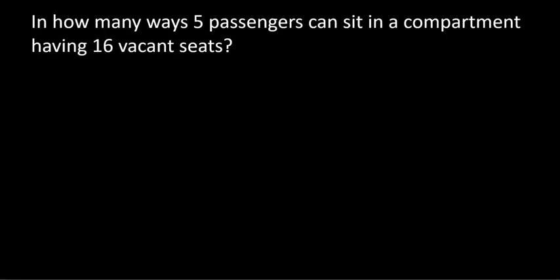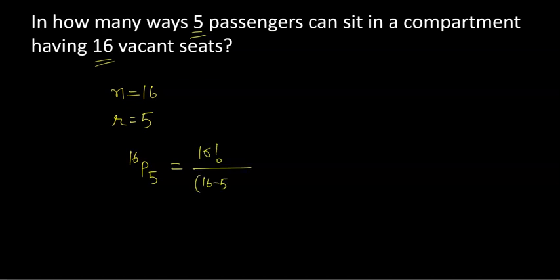Let's understand another problem: in how many ways can 5 passengers be arranged into 16 vacant seats? So I have 16 vacant seats and 5 passengers. Now the problem becomes very simple. I'm going to go with 16P5, which gives 16 factorial divided by (16 minus 5) factorial. That is 16 factorial divided by 11 factorial.